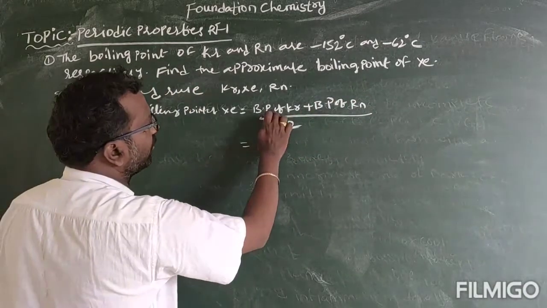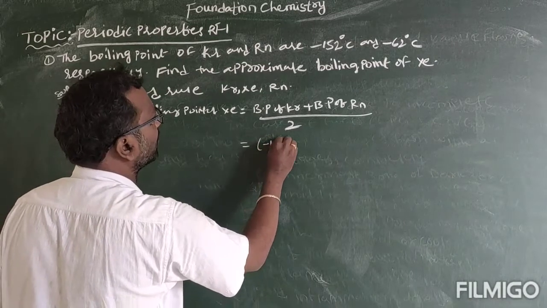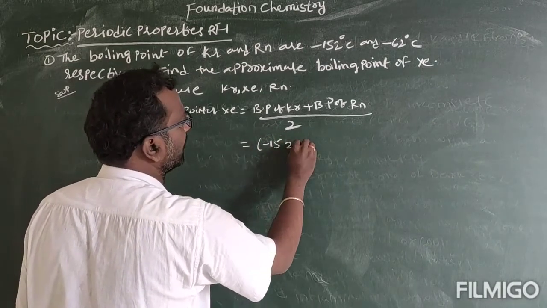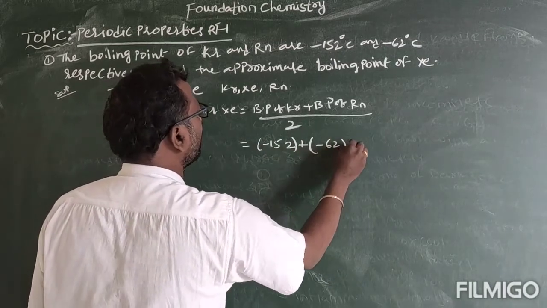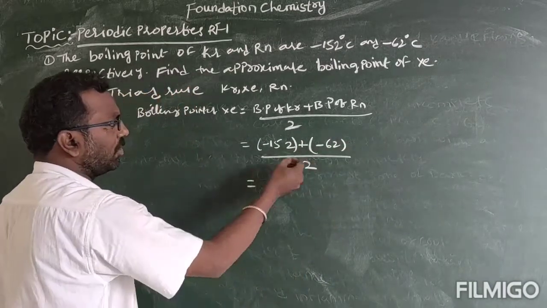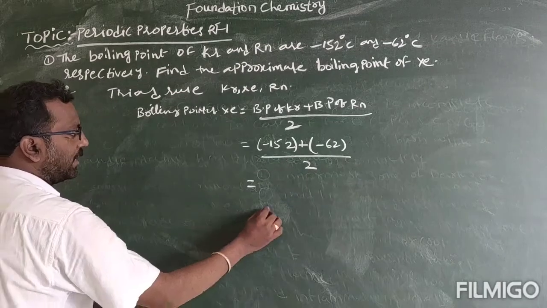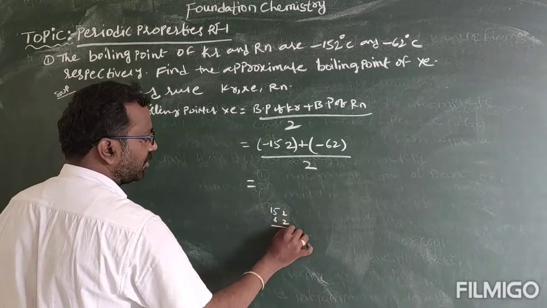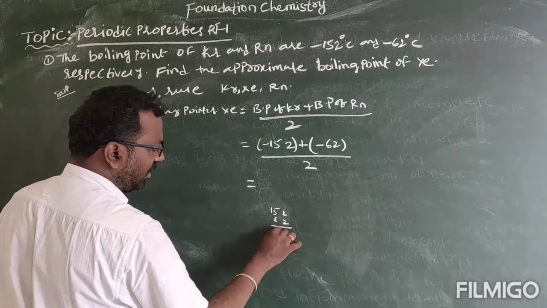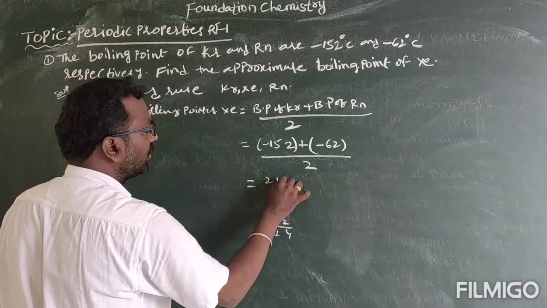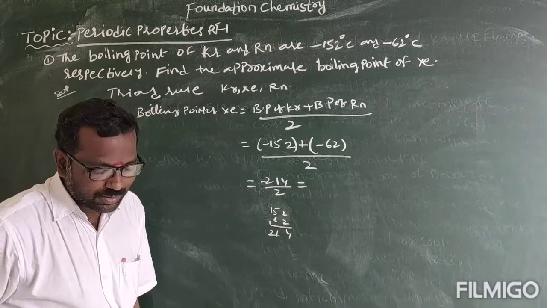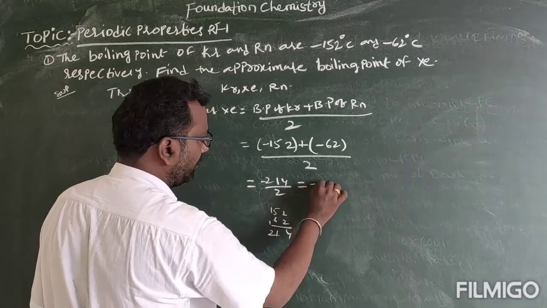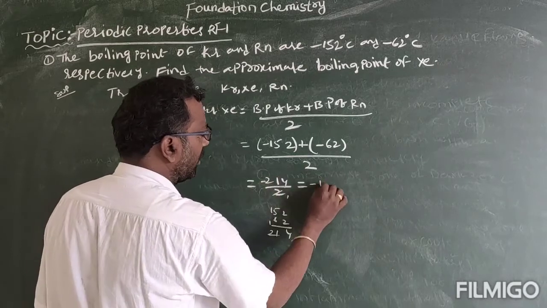Then what is the boiling point of krypton? We have minus 152 degrees Celsius plus minus 62 degrees Celsius, divided by 2. Both are minuses, so we have to add them. 152 plus 62 is 214, so minus 214 divided by 2. How much is it coming? It is 107.